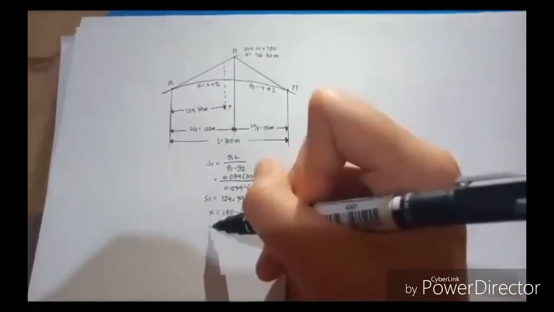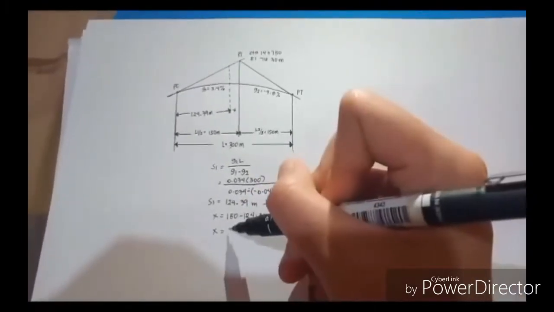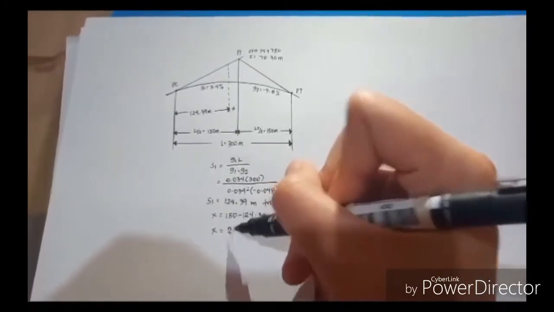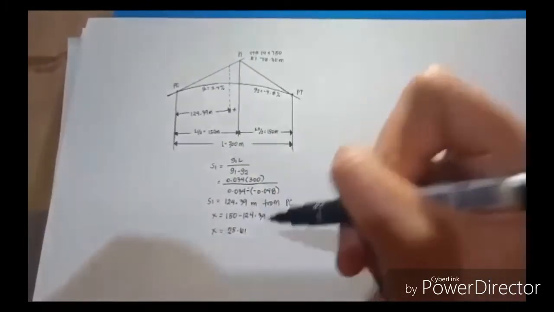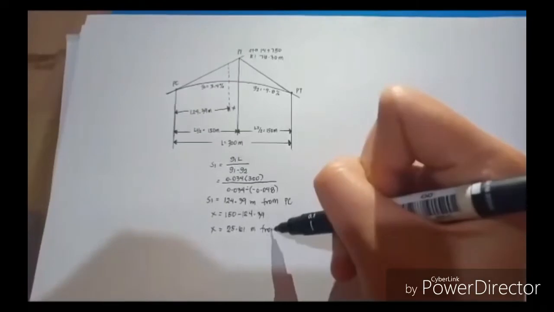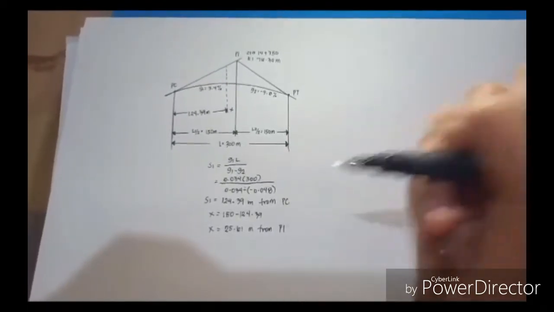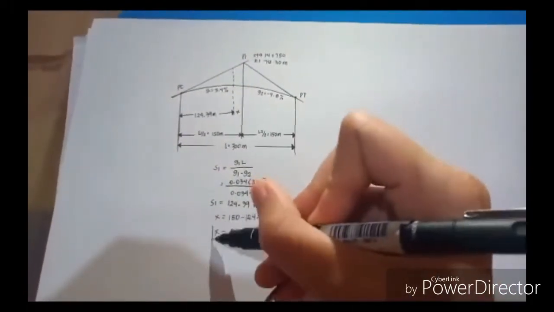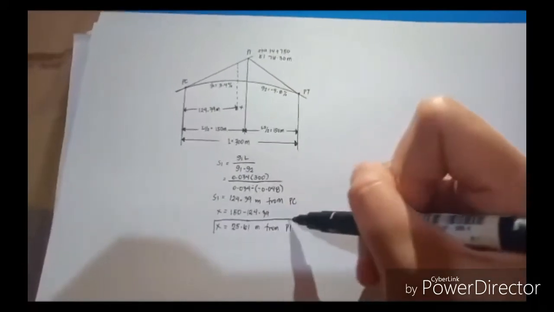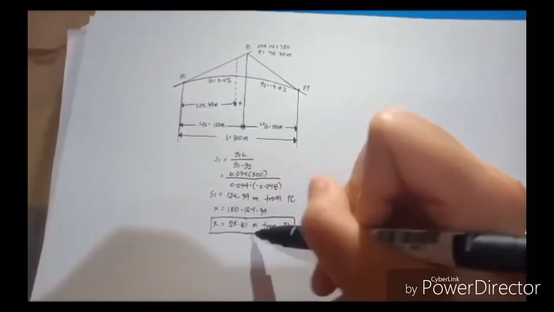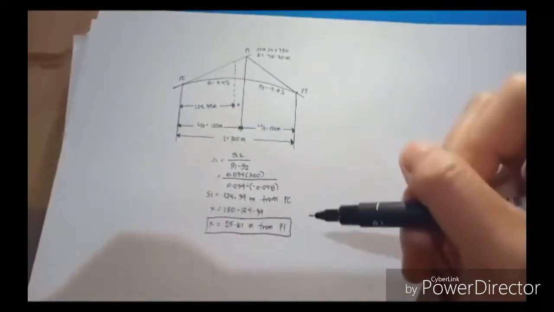So, yung x natin is 25.61 meters from PI.